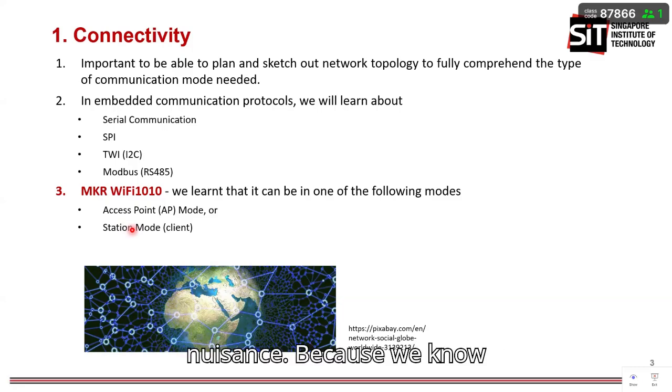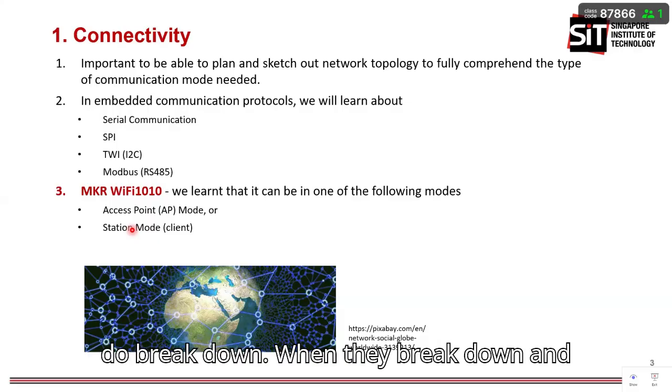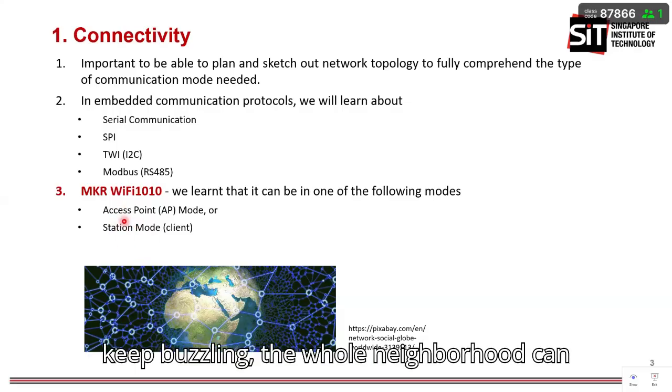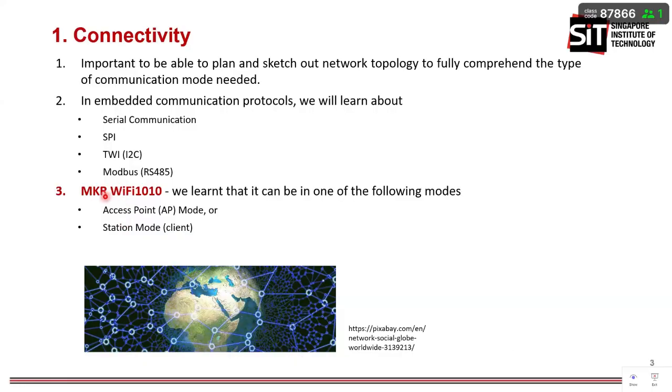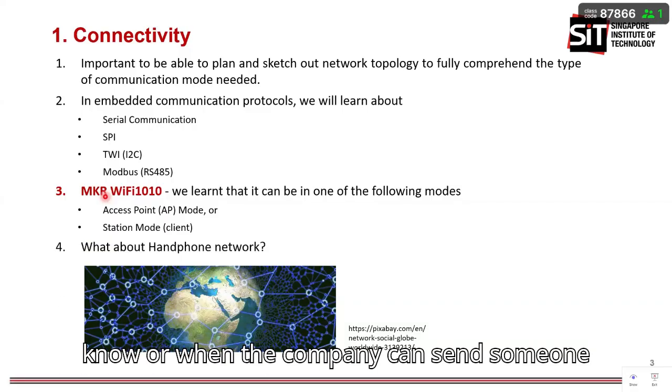And in our lab activities, you are putting the MKR into a mode where it connects to your handphone hotspot. So these are the 2 different modes that our MKR can be in. And for your project work, you will definitely be using the MKR with its Wi-Fi function, so that it can then join the network that you are coming together.